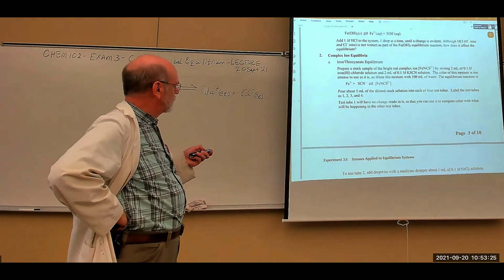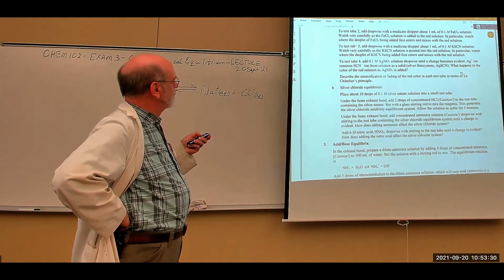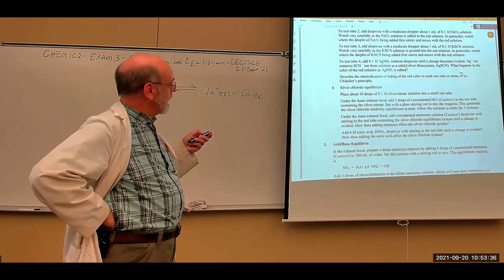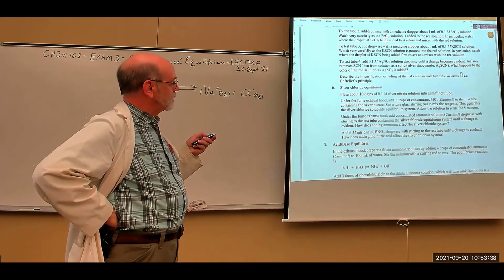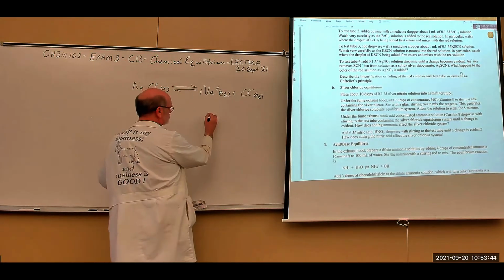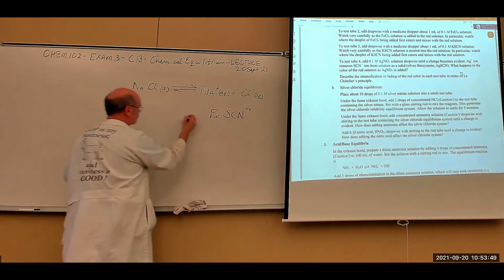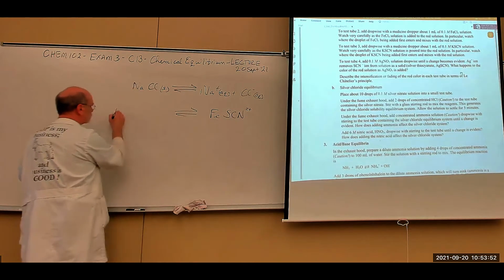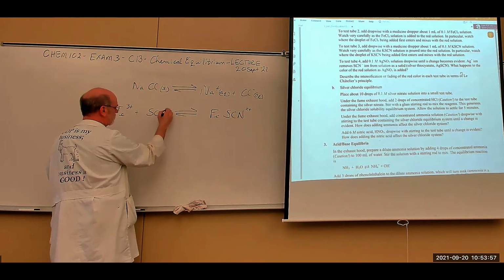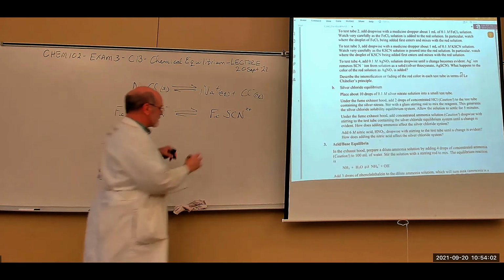How about this one? All right, so here we have a situation where we've got the iron 3 thiocyanate in solution, and we want to remove that red color. We've got an equilibrium going on here. So this is red.